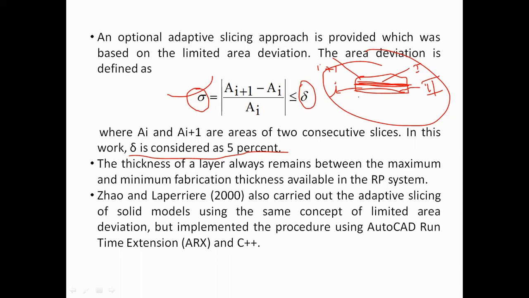the exact optimal value. So what Zhao and Lapierre basically did, they implemented the same concept but, using the AutoCAD runtime extension and C++, they introduced an optimization algorithm into the system, and that optimization algorithm started to help out with respect to the layer thickness.